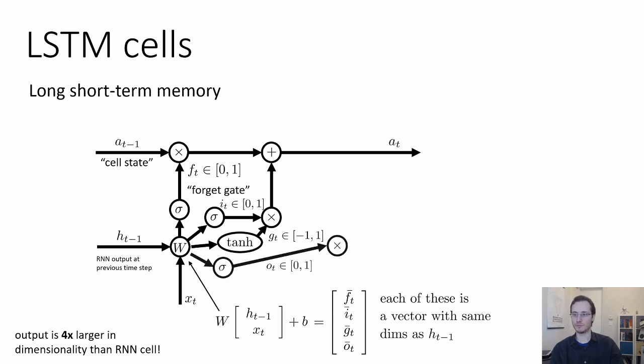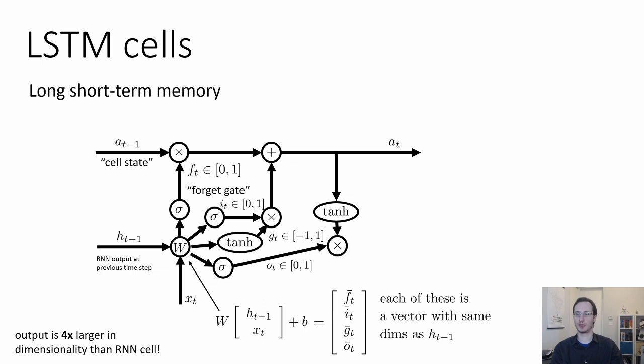And then the fourth vector, o_t, that is something called the output gate. It's also passed through a sigmoid. It also goes into a range of 0 to 1. And what that's going to do is control the next hidden state. It's going to control the next h_t. So what we do is we take our cell state a_t, and we pass that through a nonlinearity, which could, again, be anything, but conventionally we would use a tanh, although we could also use a ReLU.